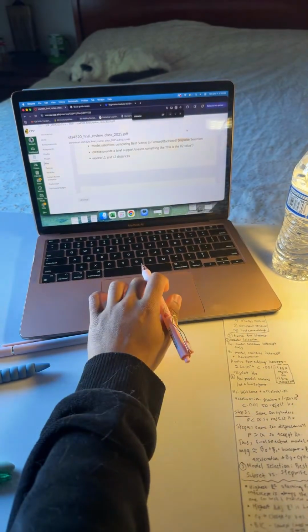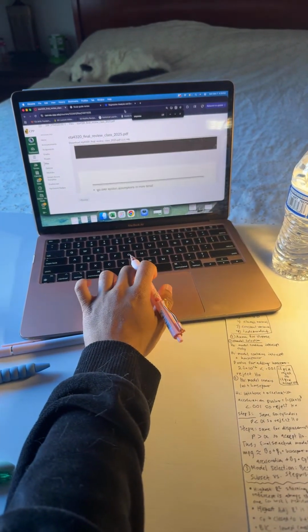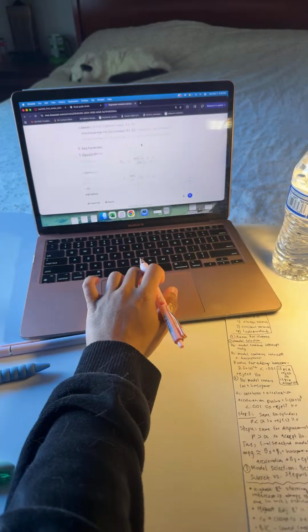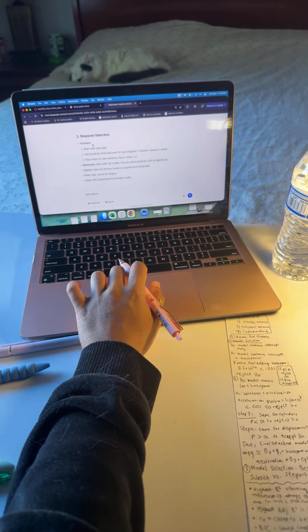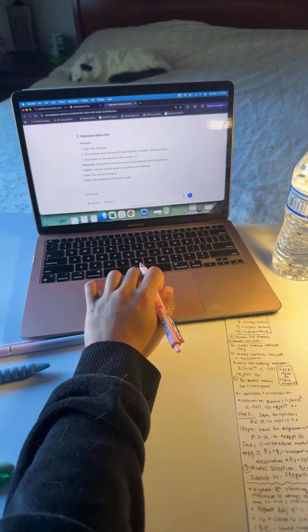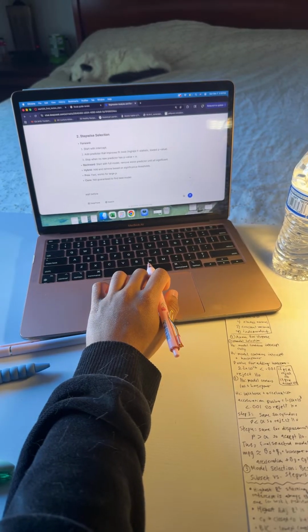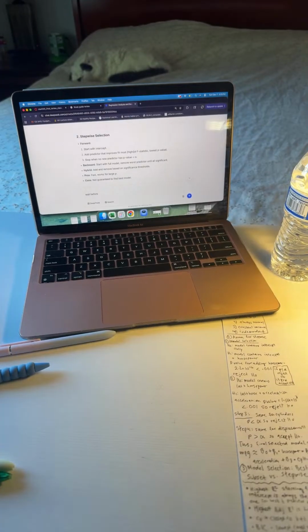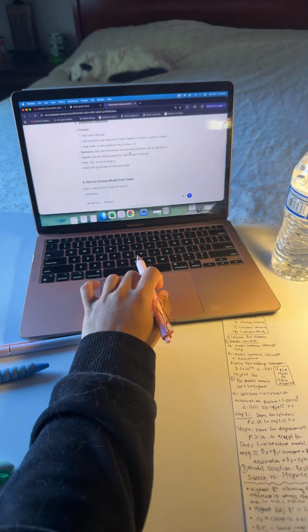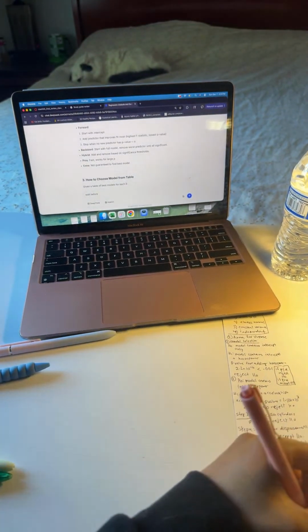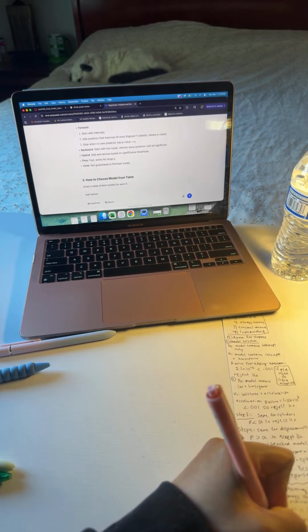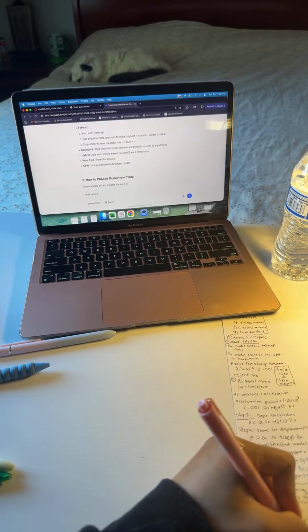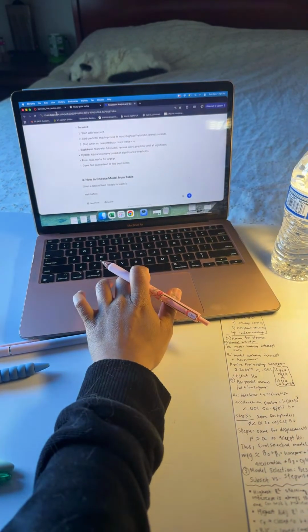Stepwise selection. I still don't know what to put for stepwise selection. It's kind of confusing. Start with intercept, add predictor that improves fit most. That does not make sense. Because what do you... wait, just start with intercept. That's all I know.